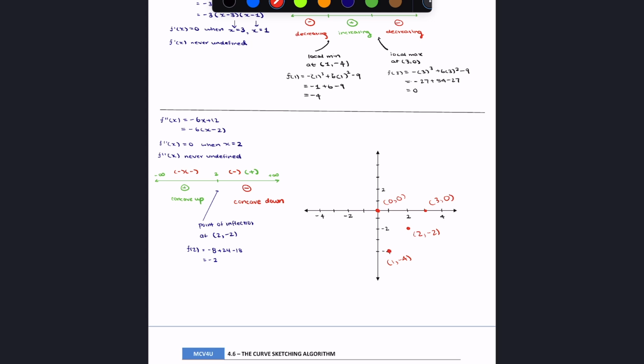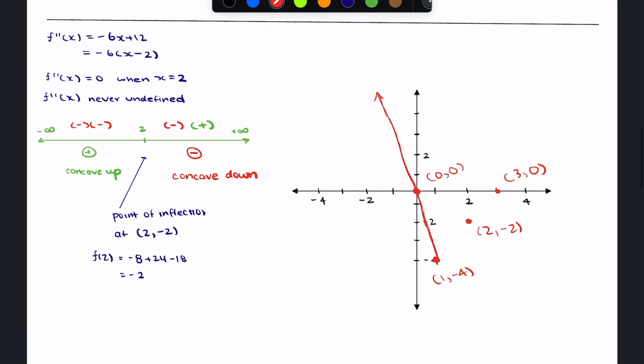Right? And so we know that from -infinity to 1, we see that it is decreasing. So if we draw this here, we see that it's decreasing from -infinity to 1. Let's redraw this, sorry. So here, from -infinity to 1, it is decreasing.